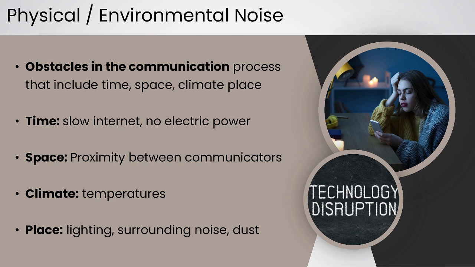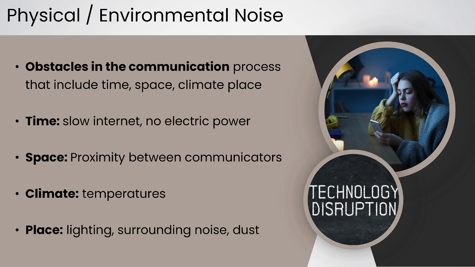Also space, the distance between communicators. If one is in another place where the sender and receiver of messages cannot interact, let's say they don't have a mobile phone, then they have no access to internet. This can act as environmental noise. Temperature: when it is very hot or cold, this can also affect how we receive messages.